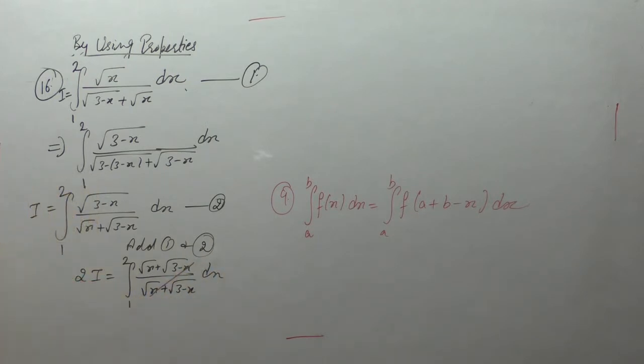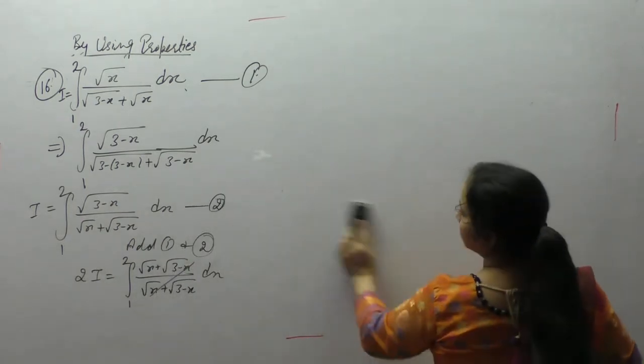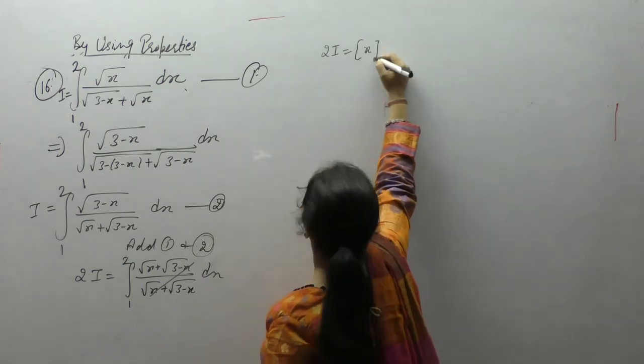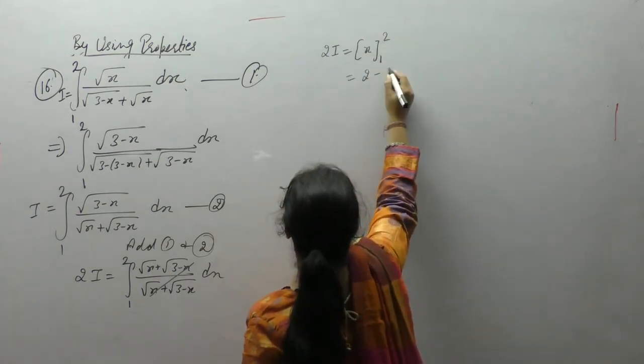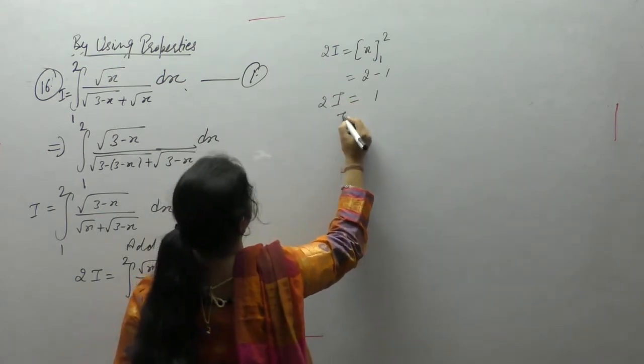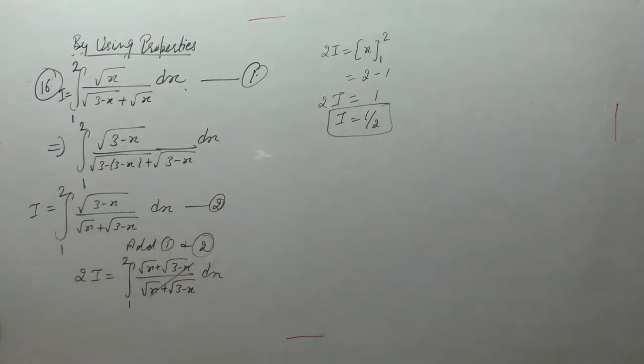Integral of 1 is x dx. Integral of 1 is x, and the limit is 1 to 2. So I is 1 by 2.